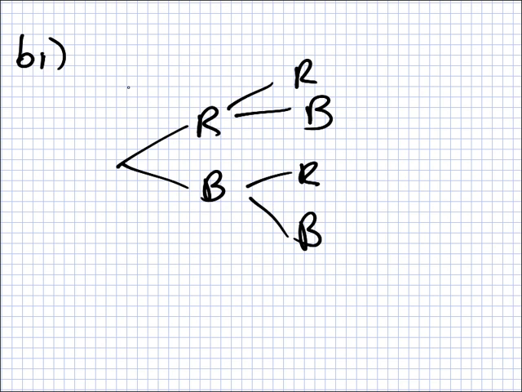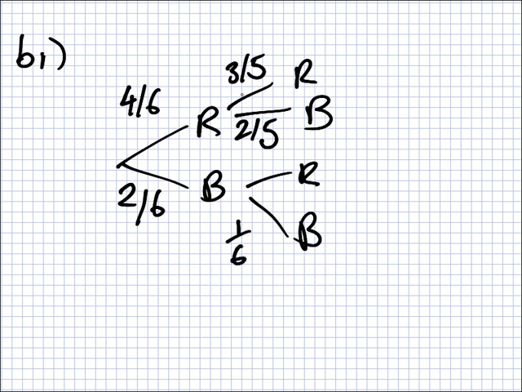So, the first one is 4 over 6 and 2 over 6. Then if you took a red out, the next red would be 3 over 5, and this has to be 2 over 5. If you took out a blue, then the next blue would be 1 over 5, and then the other one, 4 over 5.